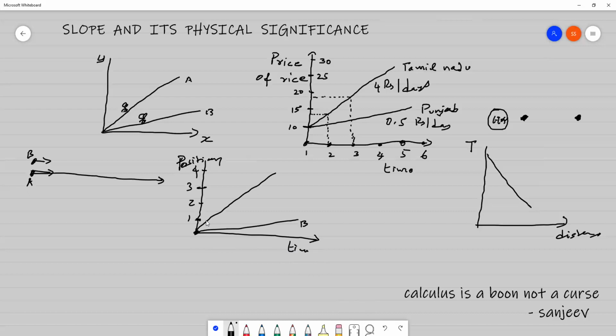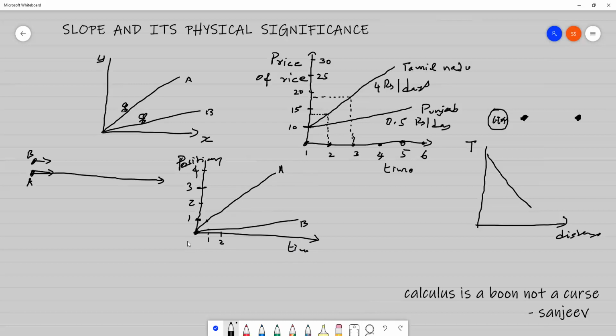So in 1 second, A comes to x equal to 1, whereas B doesn't reach 1. In 2 seconds, A reaches 1.5 meters and B does not even reach 1.